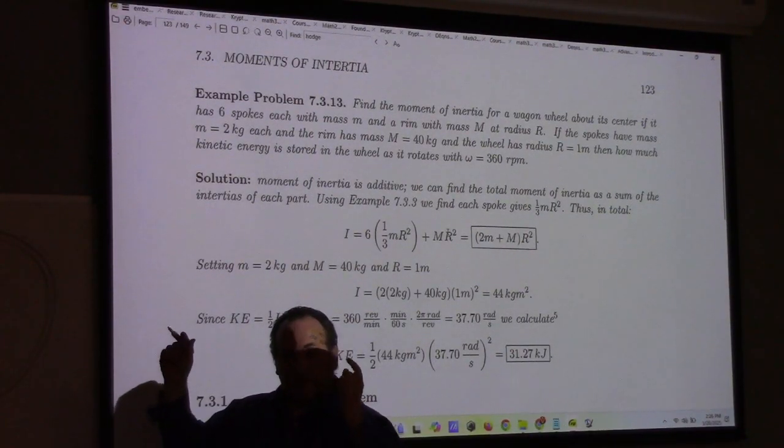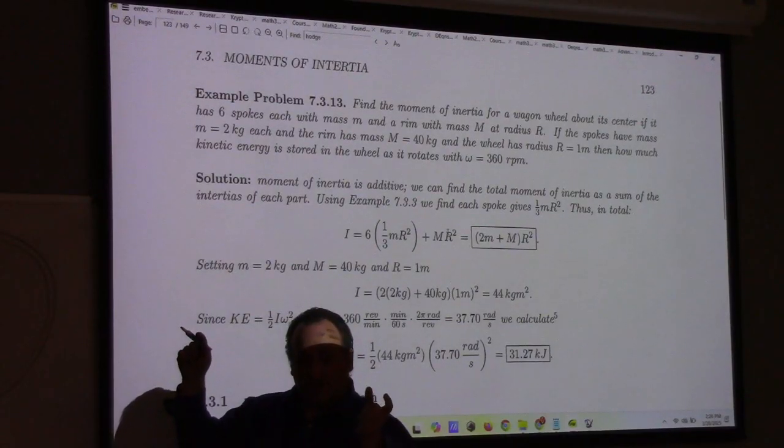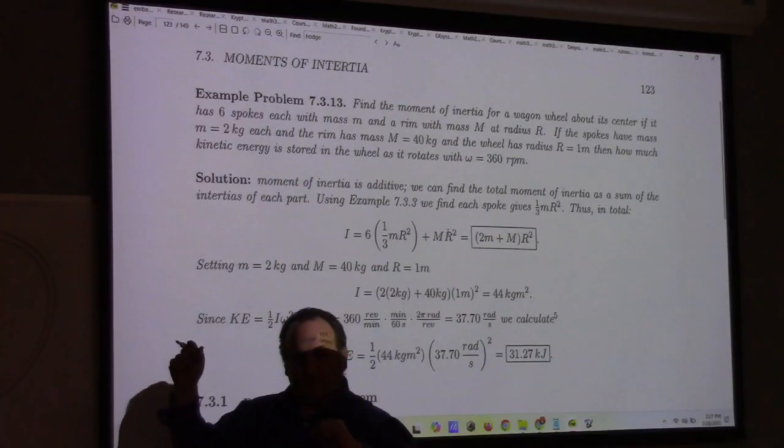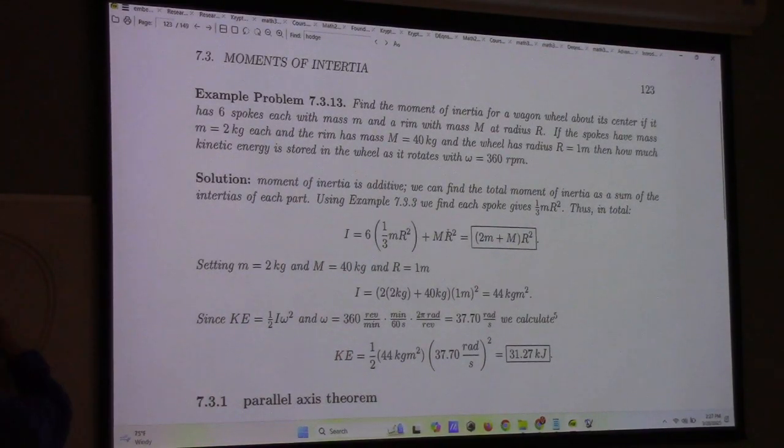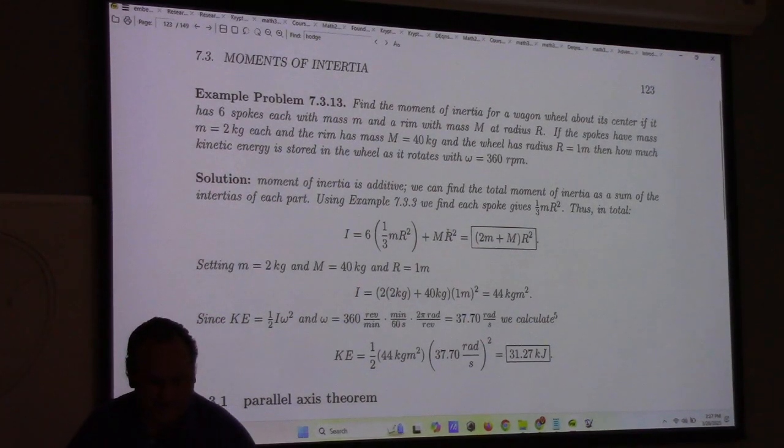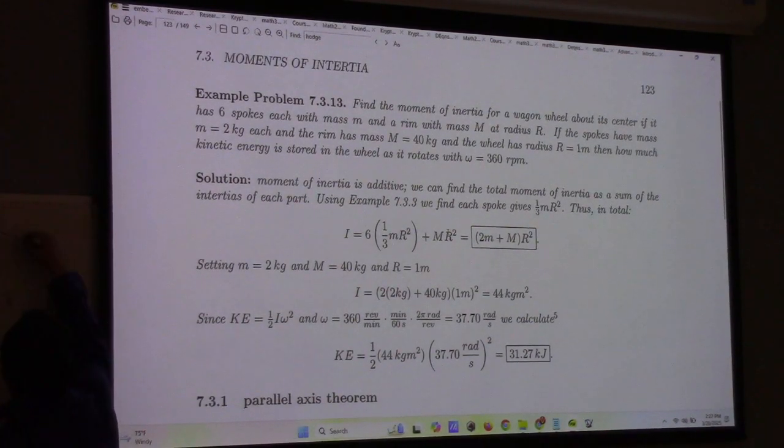Because we have the thick cylindrical shell inertia formula. We could use that, right? 1/2 m times a squared plus b squared. But I don't. I just tell you that the rim is at radius whatever it is. And so you've got this rim, and it's got a mass of, what was it, 40 kilograms?